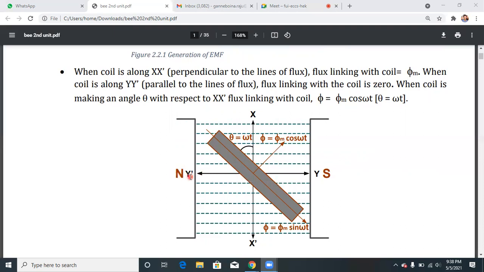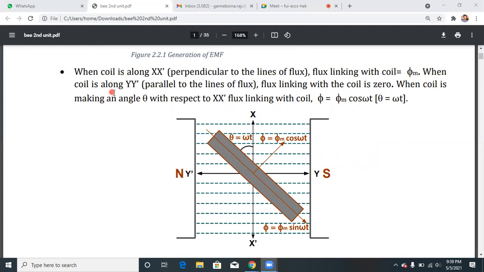If the conductor is placed exactly parallel to the flux lines, along y dash, then the flux linking with the coil is phi equal to 0. If the coil is placed exactly perpendicular, then the flux linking with the coil is phi m, the maximum value of flux.